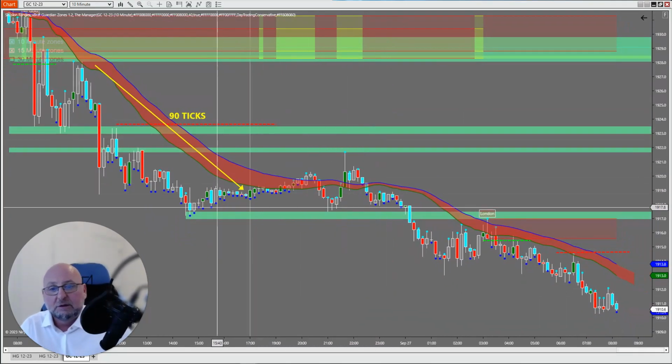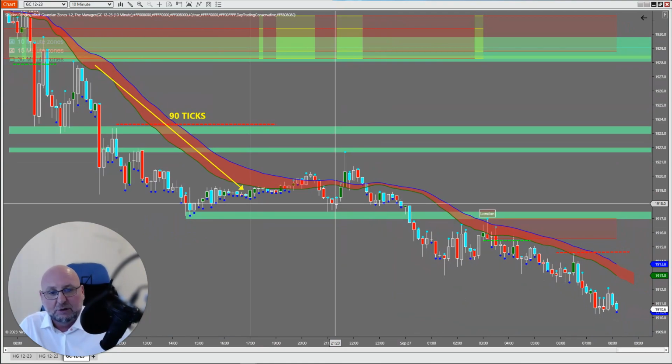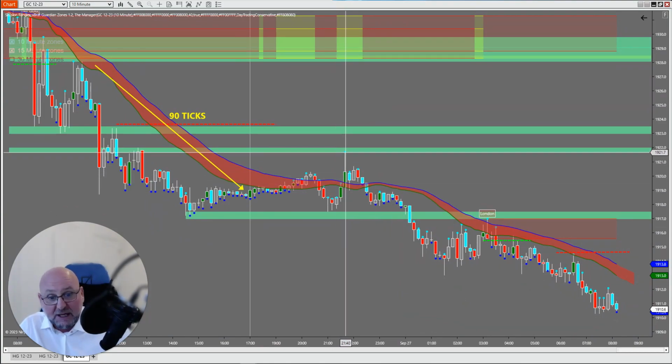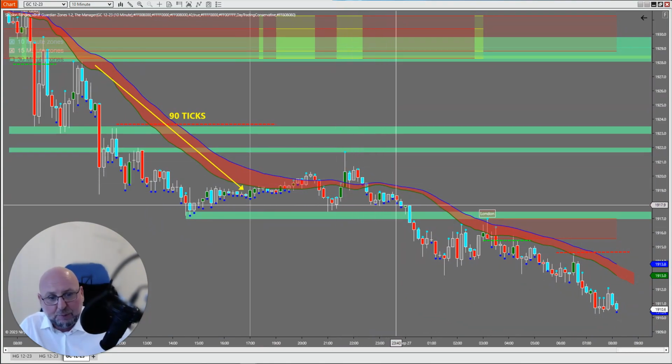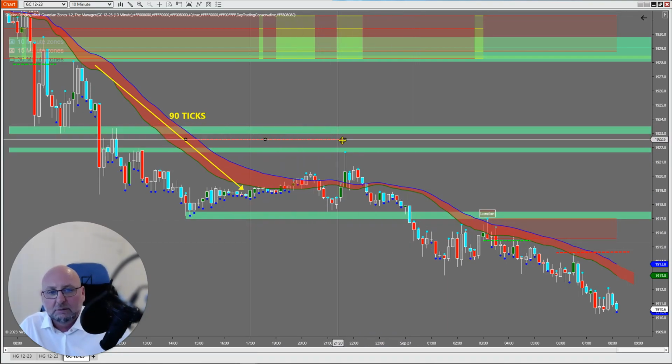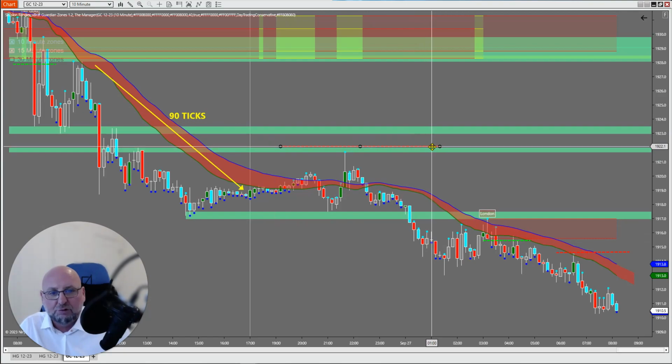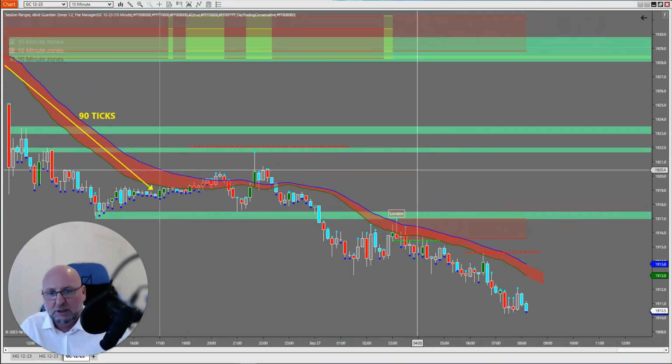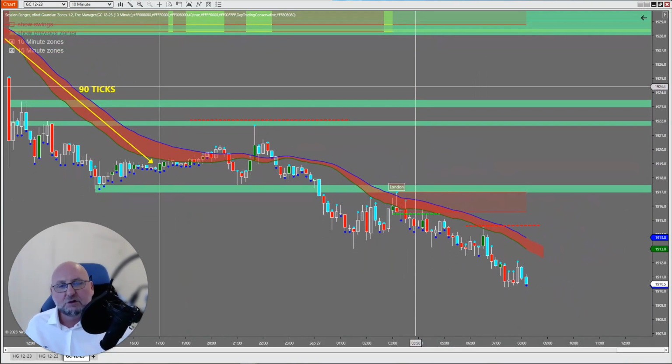We can now see that we did have a test during that Asian session of this particular zone, and then when it pushed through the next zone and I'm awake, I then put my trailing stop above this position here. This starts to get to maximize those profits.